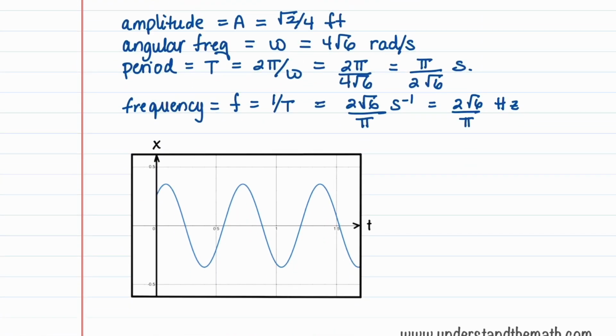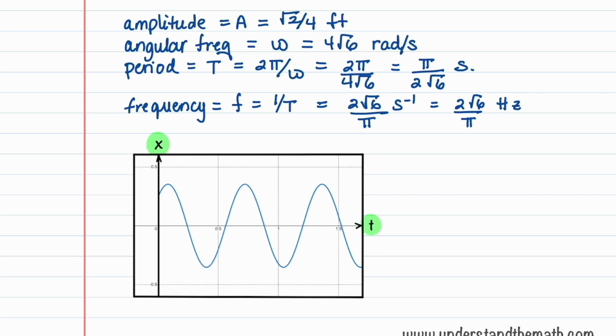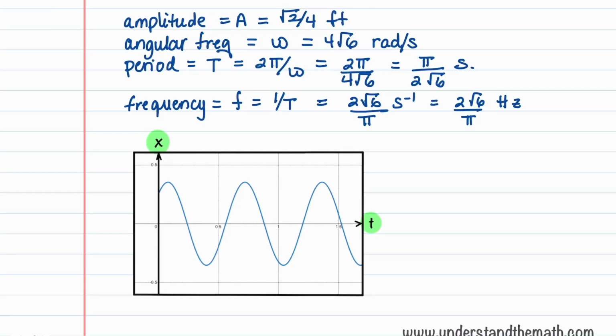Now let's look at the graph of x of t so that we can see how the mass is moving. This coordinate is x, and this coordinate is t. When x is equal to 0, it is at the equilibrium position, and that occurs at this time, this time, this time, and that pattern continues.